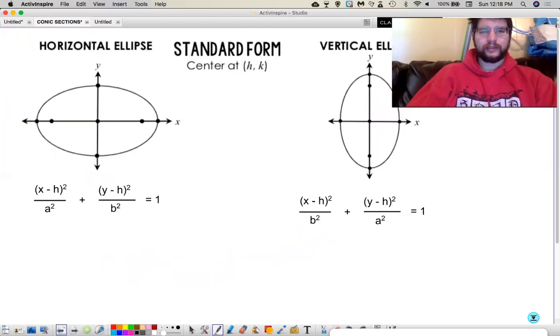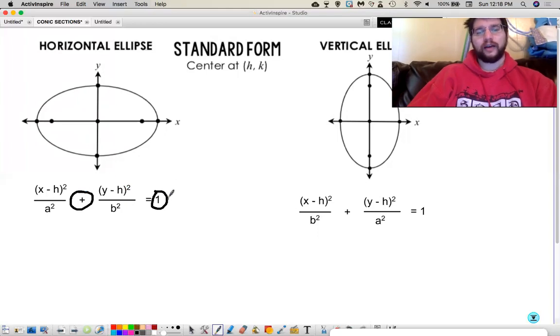So now we have all that out of the way. Let's look at the standard form. Horizontal ellipse: (x minus h) squared over a squared plus (y minus k) squared over b squared equals 1. It has to equal 1. So for standard form of an ellipse, there has to be a plus sign here. If we have a minus sign here, that's not an ellipse. It's a different shape, a hyperbola most likely.